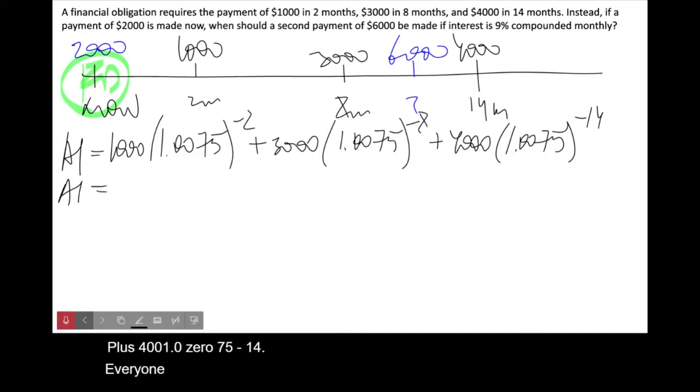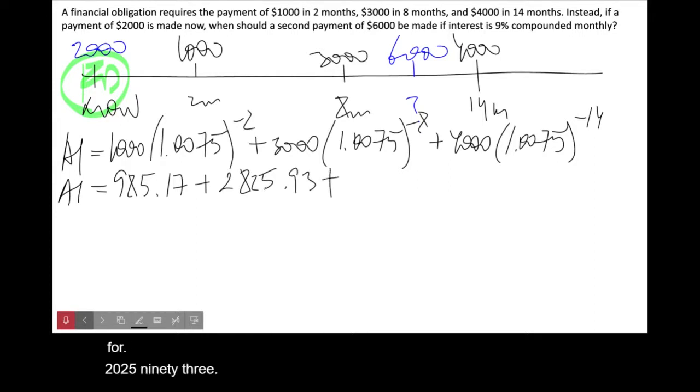So A1 is 1.0075 exponent 2 negative times 1,000, 985.17, plus 2825.93, plus 3602.71.